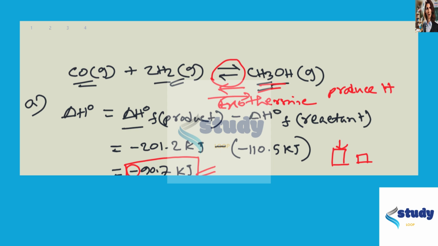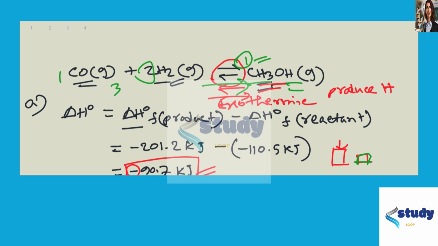So from here you can see on our reactant side we have one carbon monoxide and two hydrogen, that means a total of three molecules. And on the product side we have only one molecule of methanol. That means if we apply high pressure, which decreases the volume, the reaction equilibrium will go right to produce methanol, since it is lower in number.